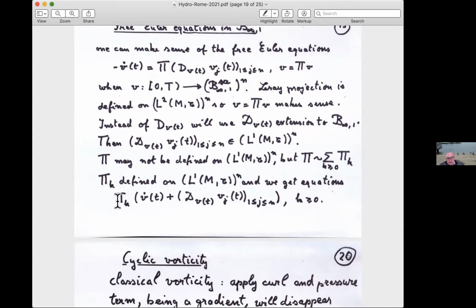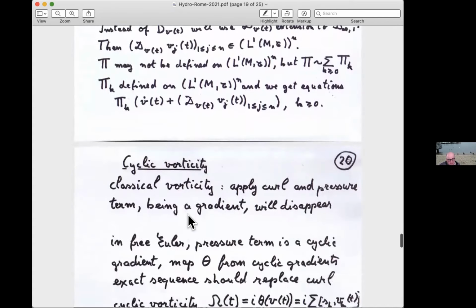With the P_k's, instead of one equation, one gets a sequence of equations in each degree. But there is in this way a way to make sense of the Euler equations and to check that things are all right.